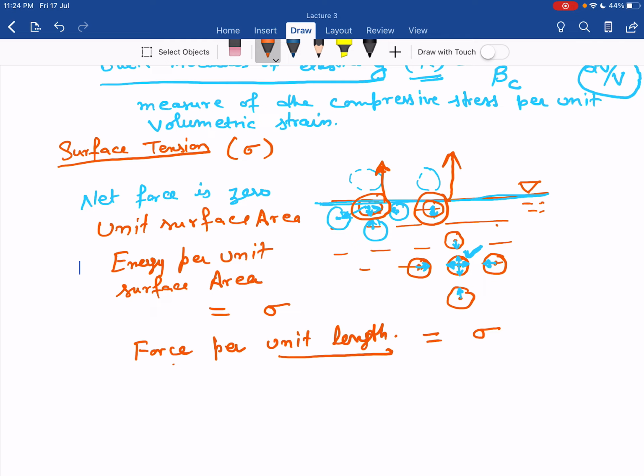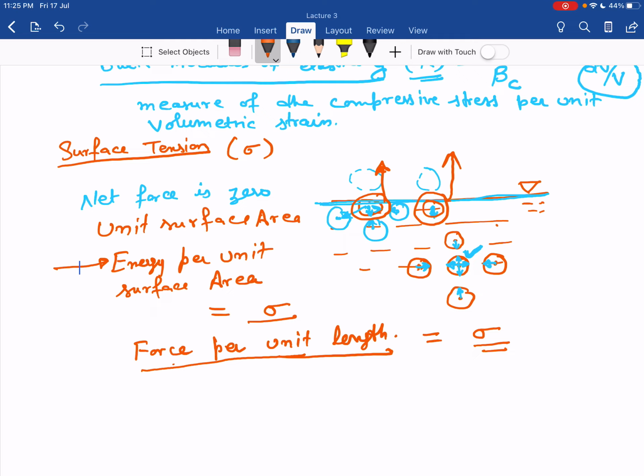So if we conclude this, we can say the energy per unit surface area to take the molecules out from the surface, we call surface tension. Similarly, force per unit length on the surface to take the molecules out from the surface, we again call the surface tension.